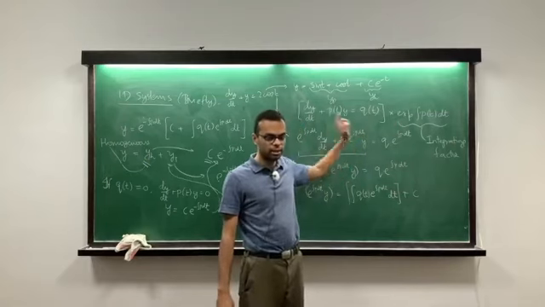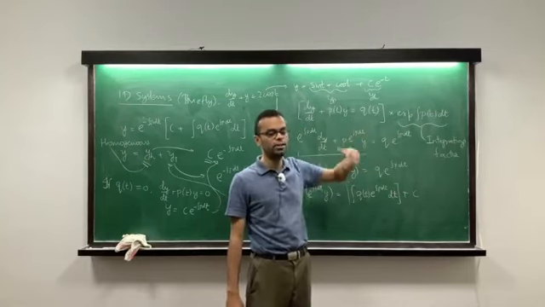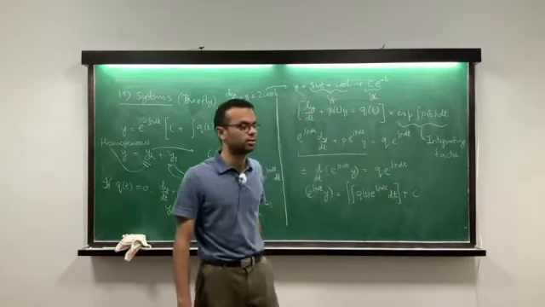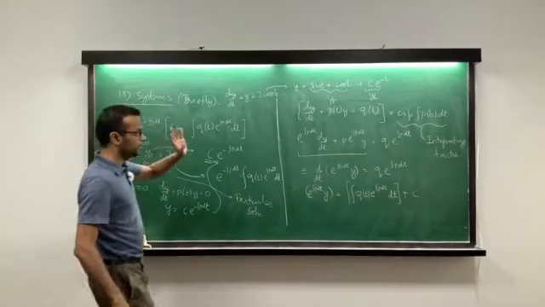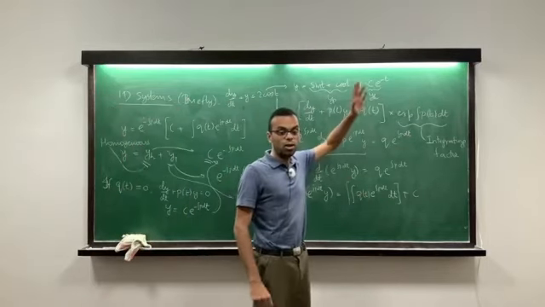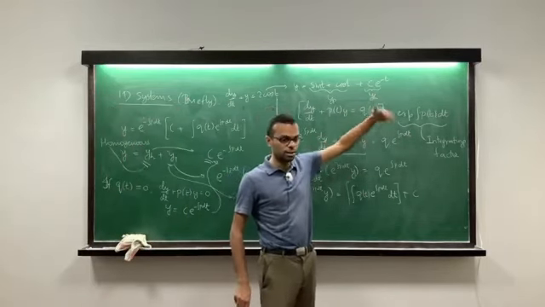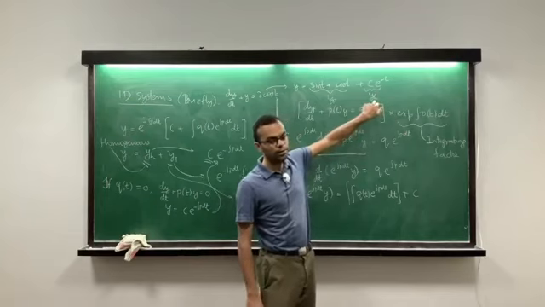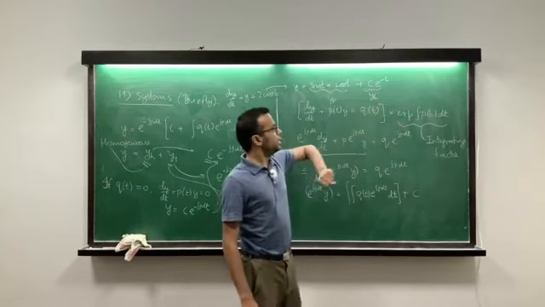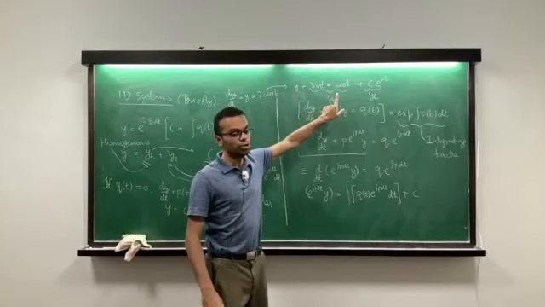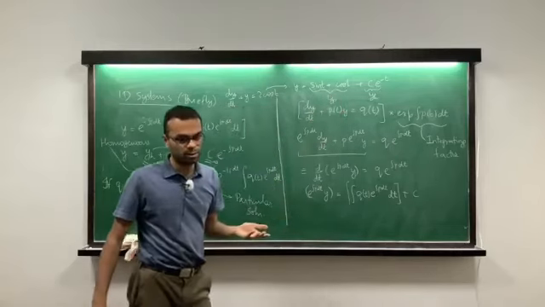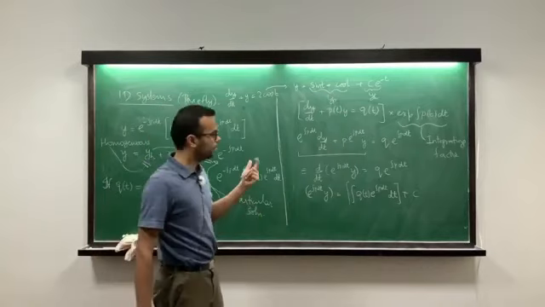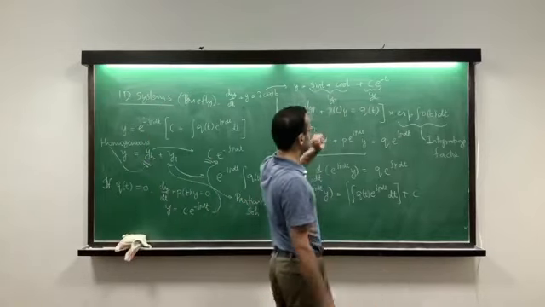All the terms will contain either a y or a dy by dt or a d square y by dt square, whatever, depending on the order of the equation. And you solve that homogeneous equation, you will get a solution which will contain all the unknown constants that the initial conditions will then provide. Okay. And you can use this solution to generate this solution. That's exactly what we have done without realizing what we are doing. Okay. The fact is that we have used this solution to generate this. I will show you how.